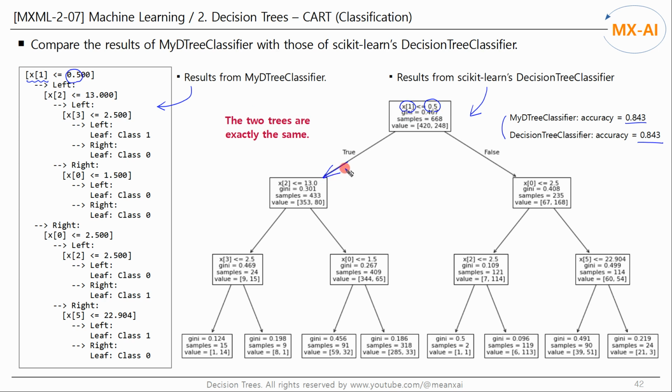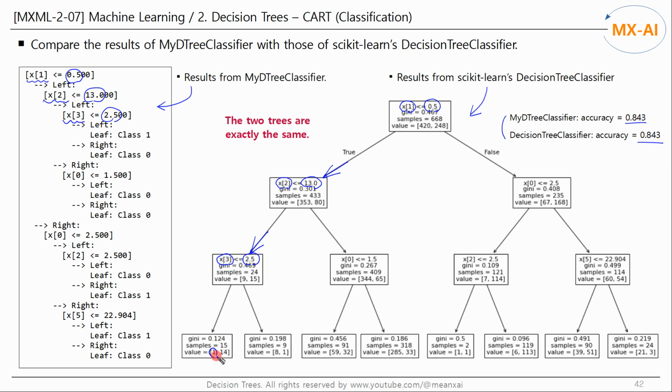At the first left child node, the best feature ID is 2. And the best split point is 13.0. At the second left child node, the best feature ID is 3. And the best split point is 2.5.